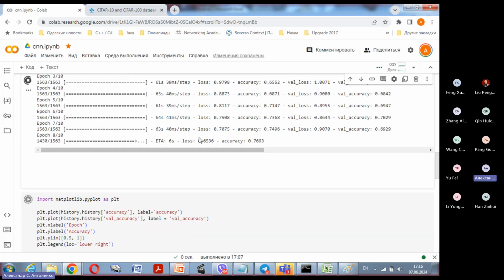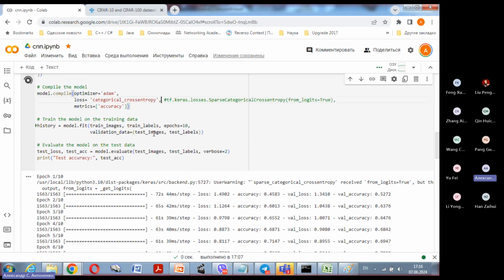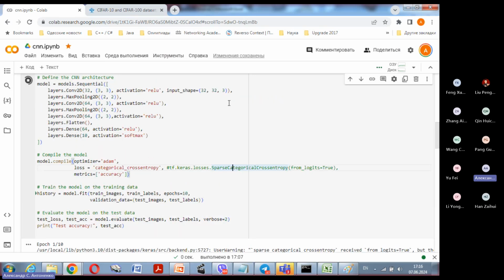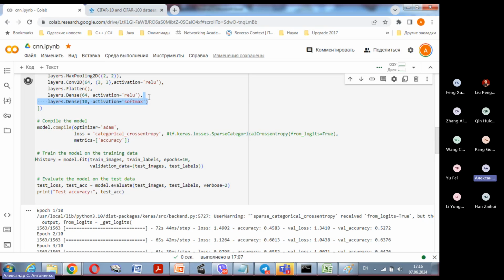But let's wait for epoch number 10 because I need to show you results. So I will not rerun with categorical cross entropy. So I slightly misuse this model, because maybe sparse categorical cross entropy is for another type of activation.